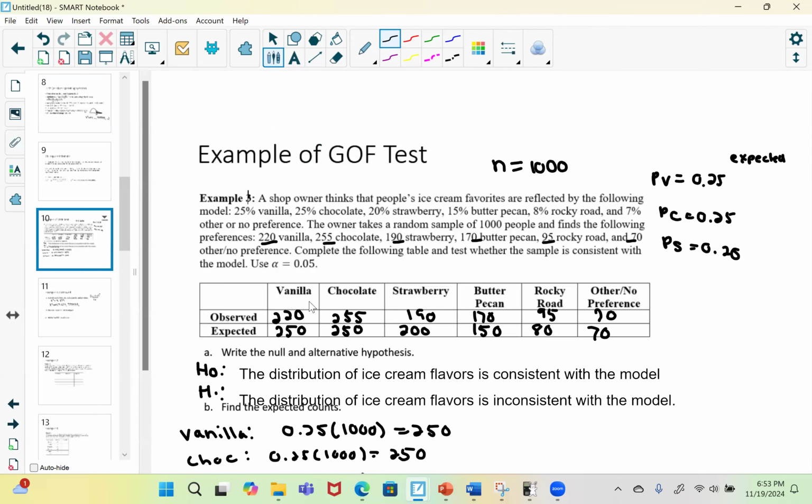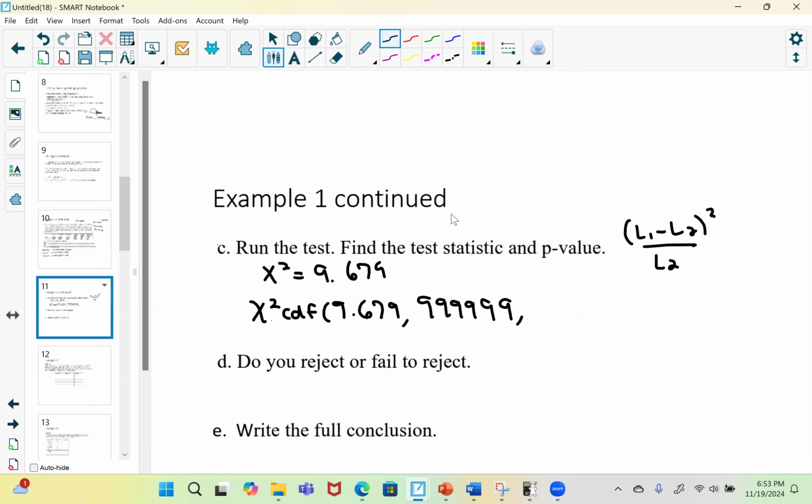If we look, the categories are vanilla, chocolate, strawberry, butter pecan, rocky road, other. If we count, there's 1, 2, 3, 4, 5, 6. So the number of categories is 6, and the degrees of freedom is 6 minus 1, which is 5.